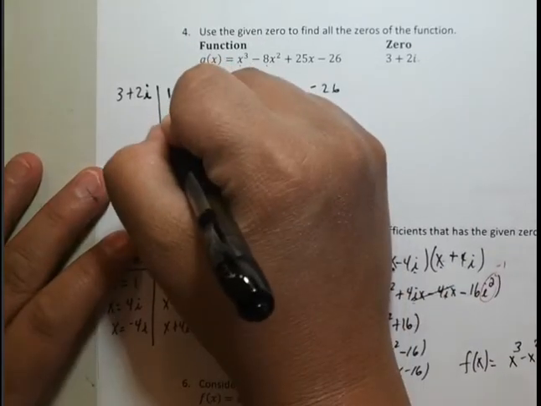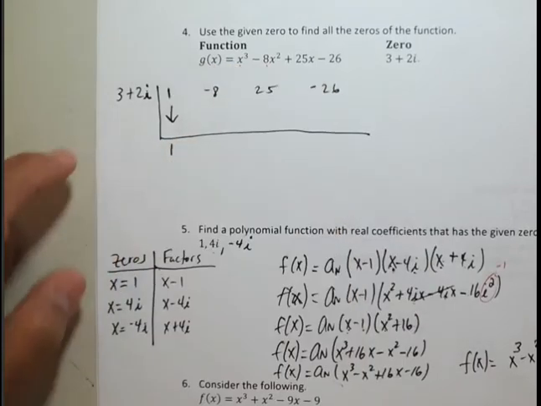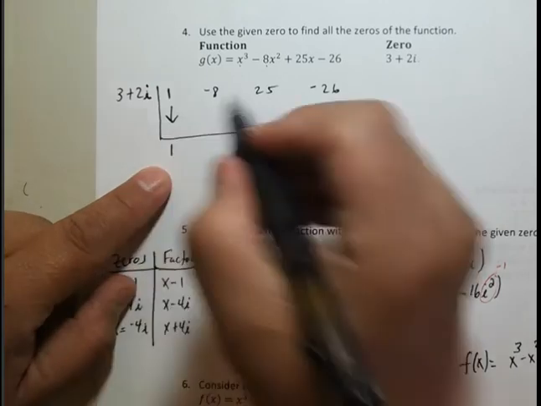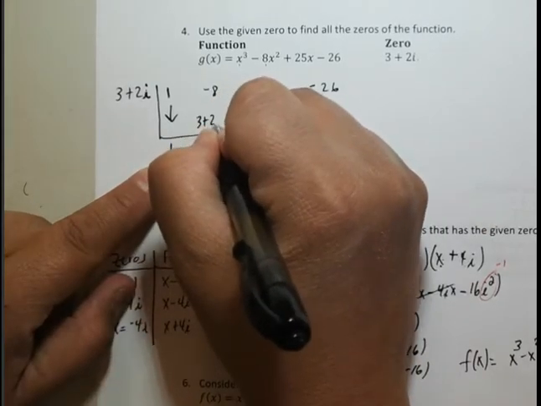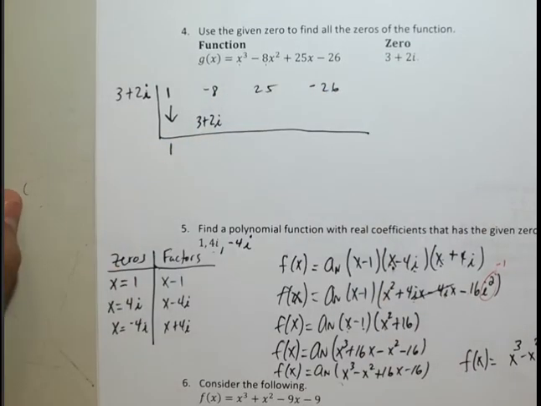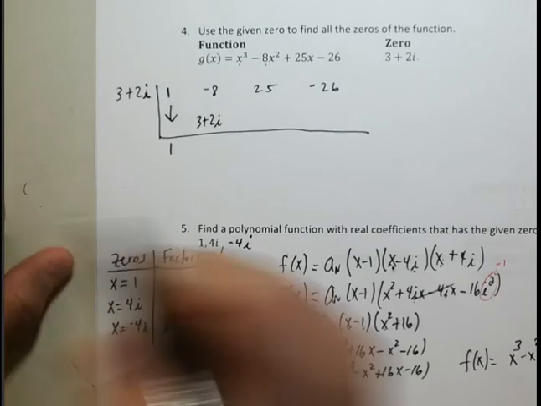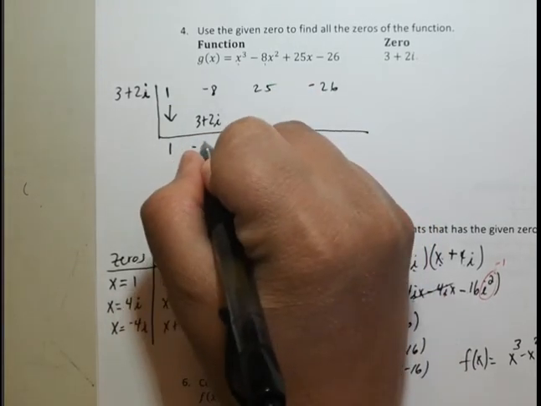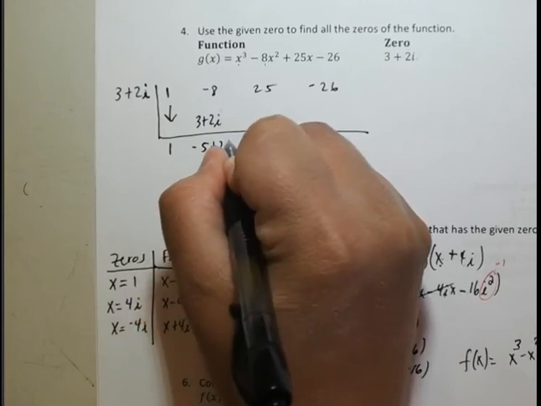So we bring down the 1, and then 3 plus 2i times 1 is 3 plus 2i. So we need to add this. So -8 plus 3 is -5 plus 2i.